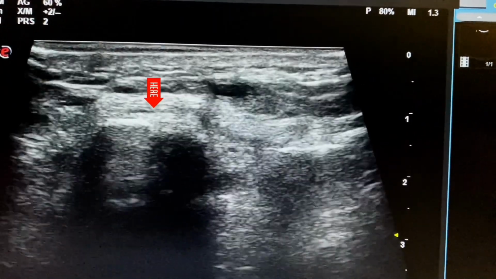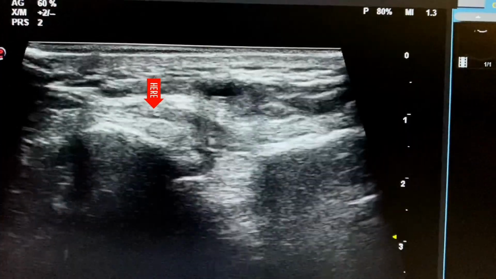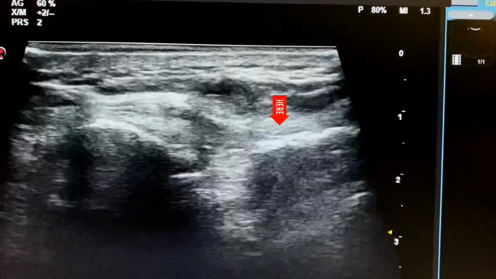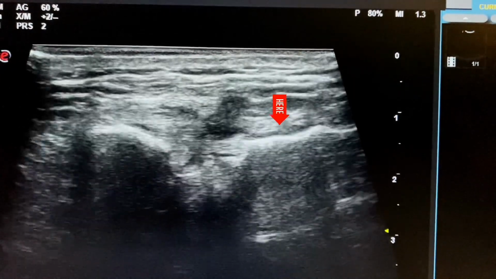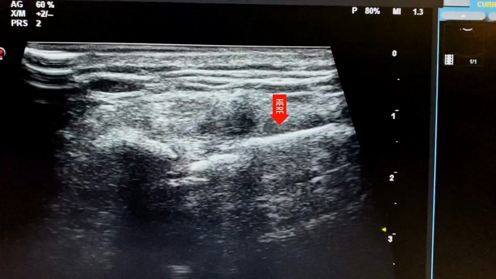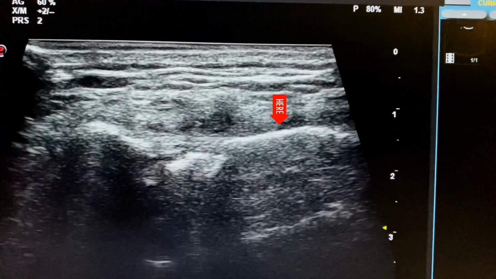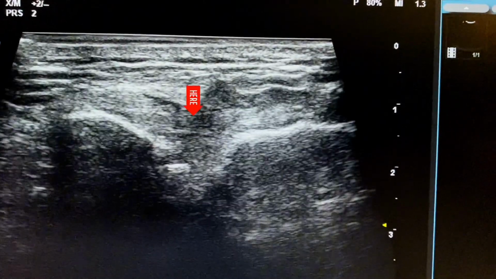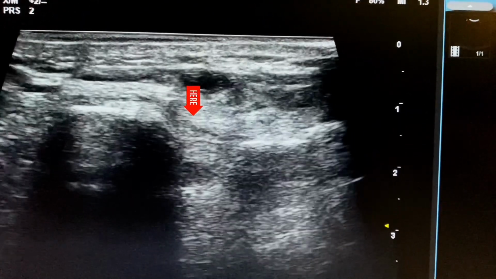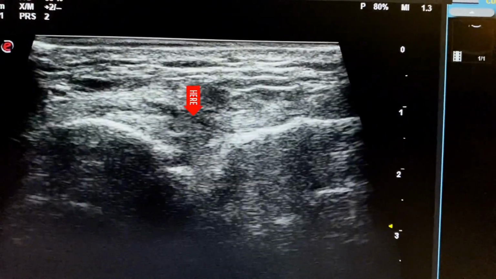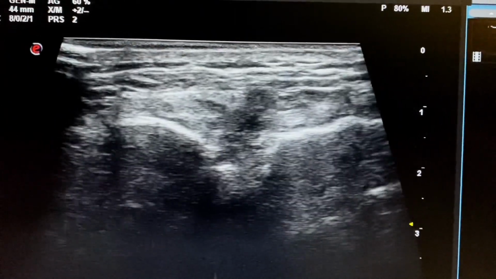This is the proximal head of the tibial bone, and this is the distal head of the femur bone. And we see the track of fluid continuous between the knee joint.